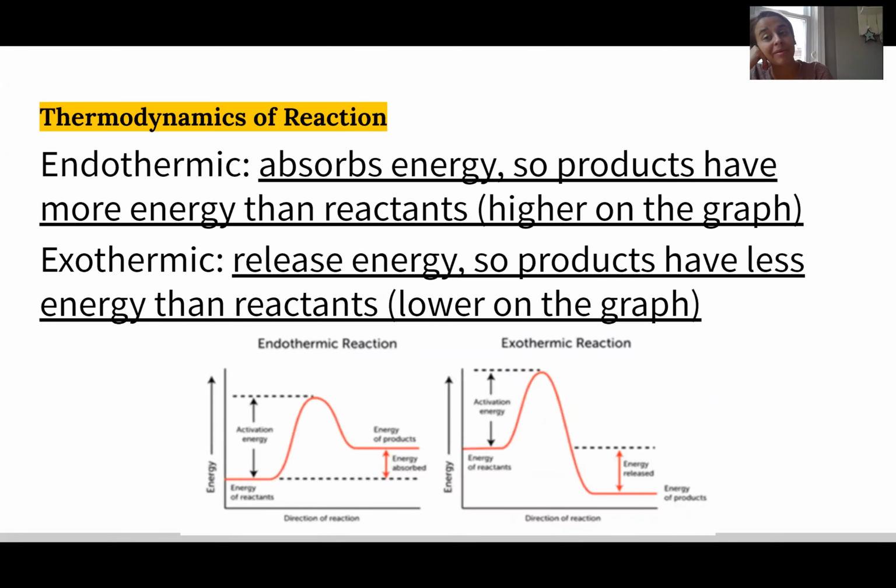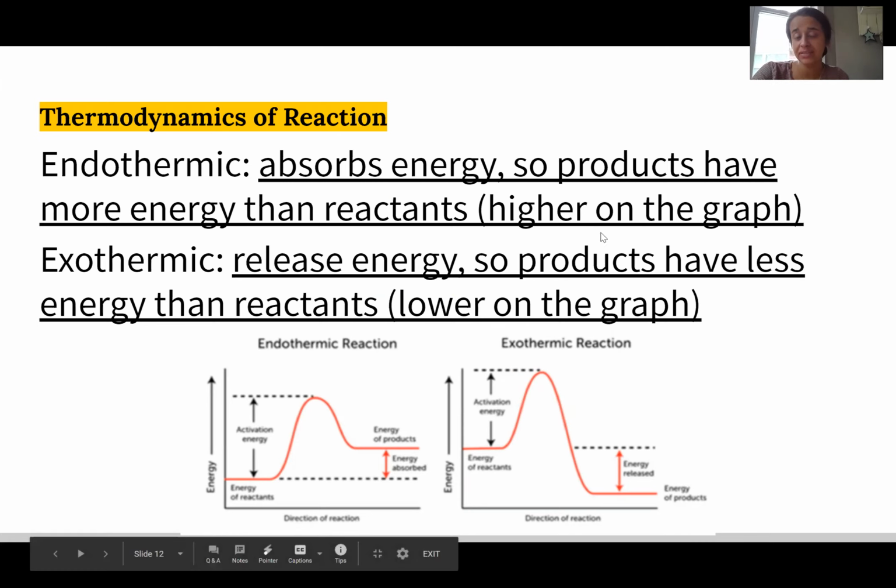So we're coming back to endothermic versus exothermic. Endothermic means that it's an absorption of energy. Remember, endo, like entering something. So we're absorbing energy, it's entering the system. Our products are going to have more energy than reactants, meaning they're going to be higher on the graph. In our example right here, we see that the energy of our products is higher than the energy of our reactants.